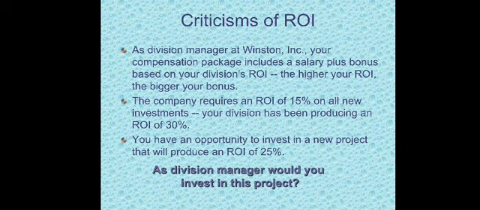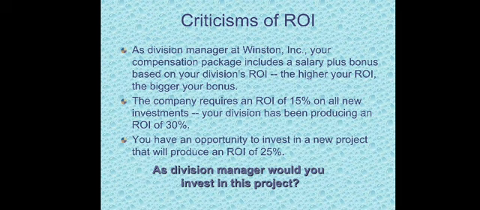The company requires an ROI of 15% on all new investment. Your division has been producing an ROI of 30%. You have an opportunity to invest in a new project that will produce an ROI of 25%. As a division manager, will you invest in this project?